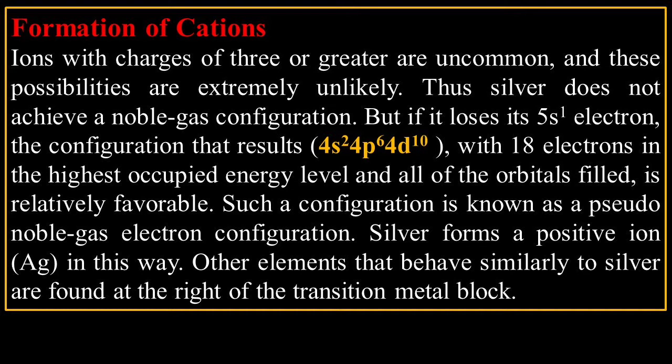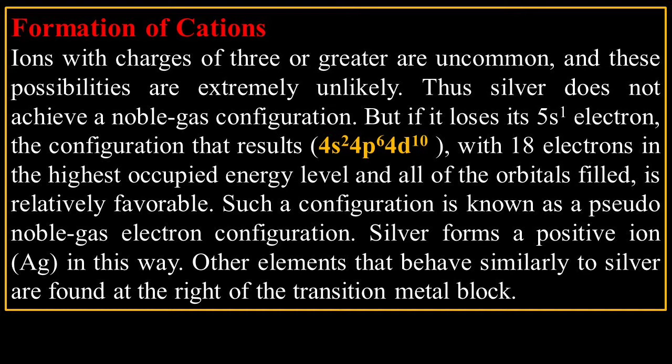Ions with charges of 3 or greater are uncommon, and these possibilities are extremely unlikely. Thus, silver does not achieve a noble gas configuration, but if it loses its 5s1 electron, the configuration that results is 4s2 4p6 4d10, with 18 electrons in the highest occupied energy level and all of the orbitals filled, which is relatively favorable.